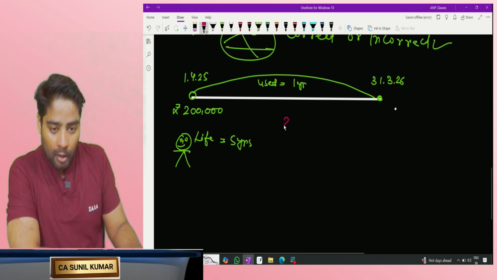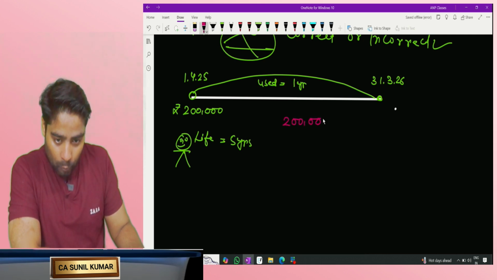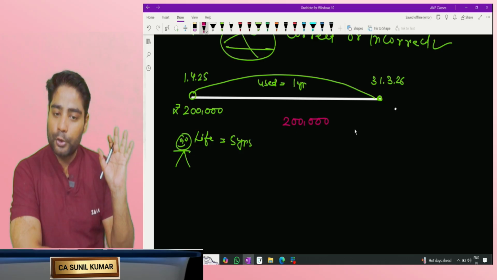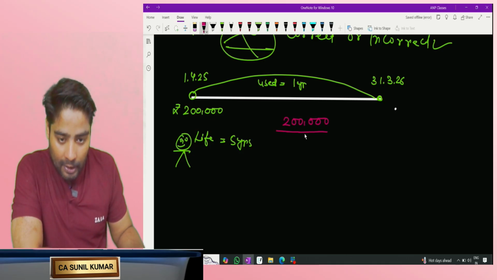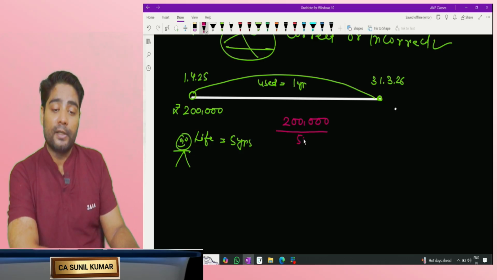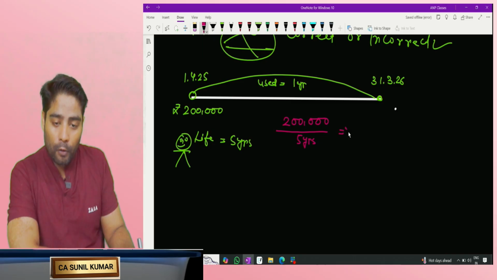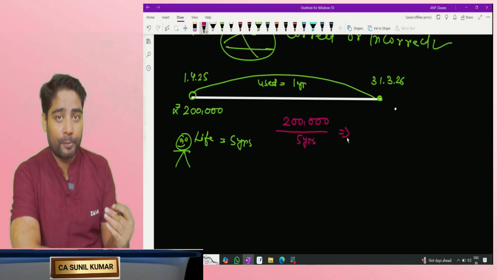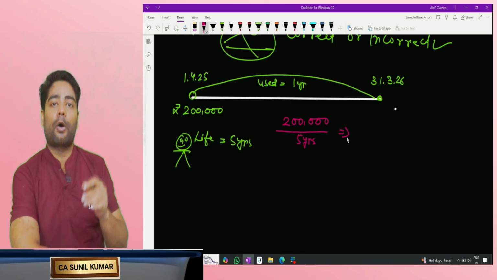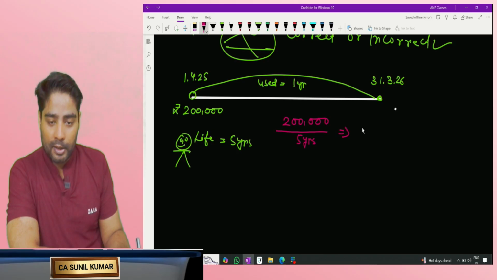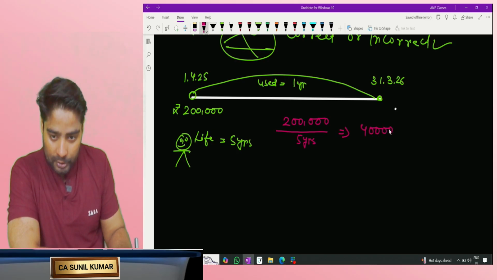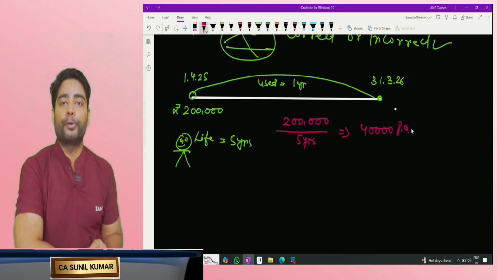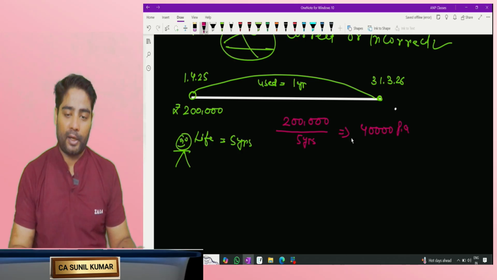So if the total cost of this furniture is 2 lakh and it will last for 5 years, what should be the yearly expenditure on this furniture? Sir, it should be 40,000 per annum.